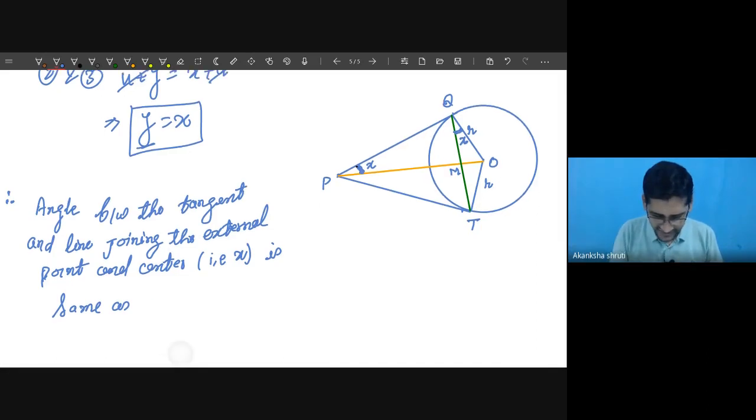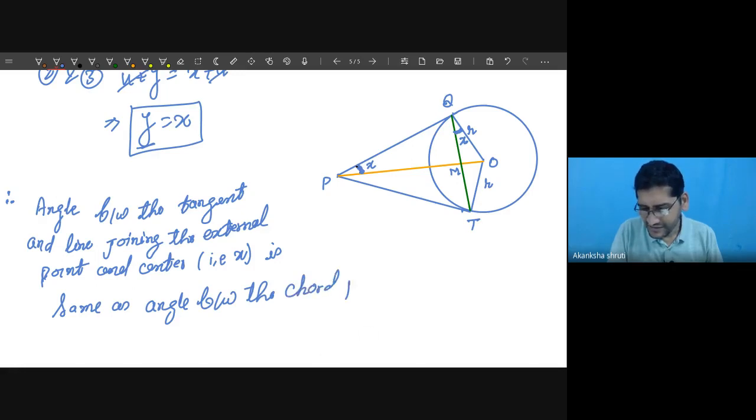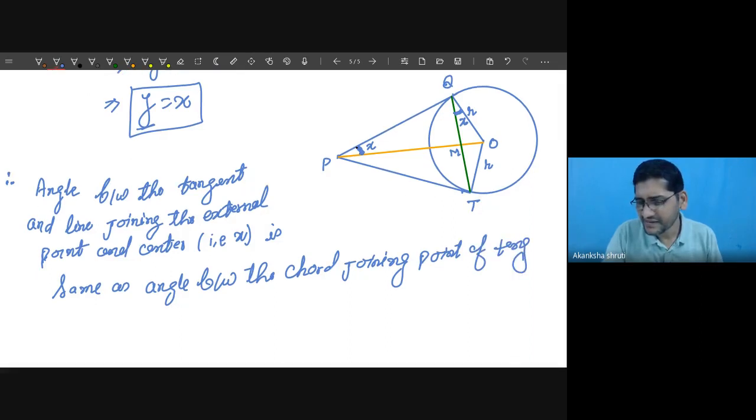Same as the angle between the chord joining the point of tangent and the radius.